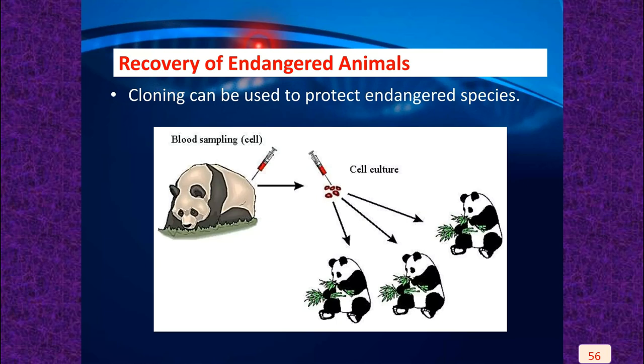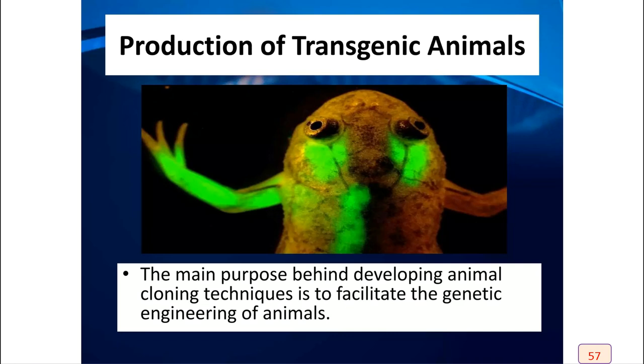Then animals which are already endangered, or whose population may vanish from the earth, can be cloned. Then transgenic animals is one of the recent concepts, wherein these cloning techniques are developed to facilitate the genetic engineering of the animals.